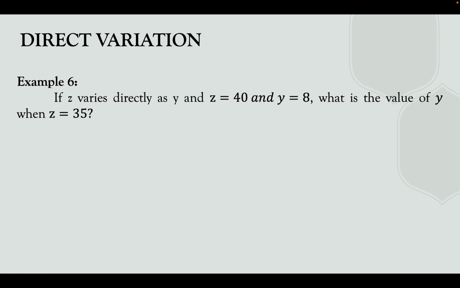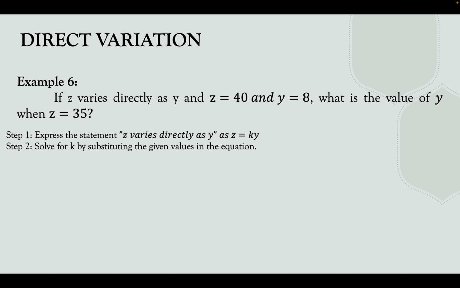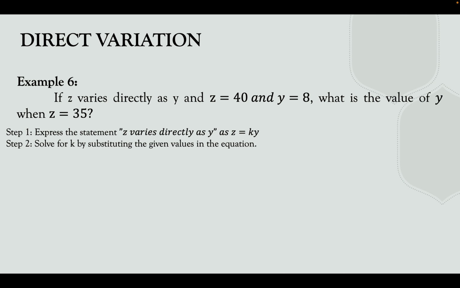Okay, we have our last example. If z varies directly as y, and z equals 40 when y equals 8, what is the value of y when z equals 35? Looking at the statement, z varies directly as y, so you first write z equals k times y.